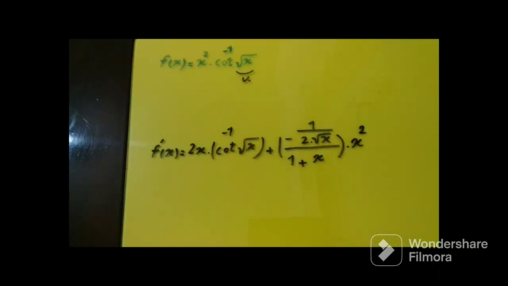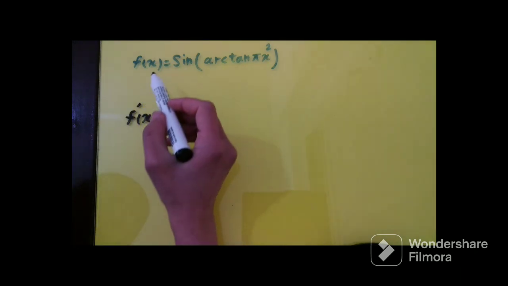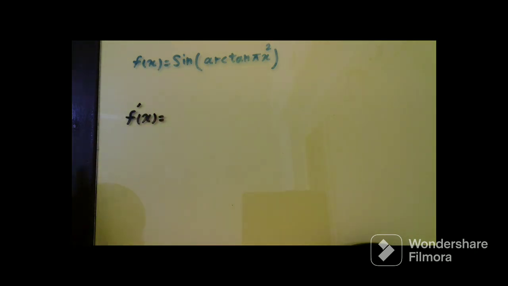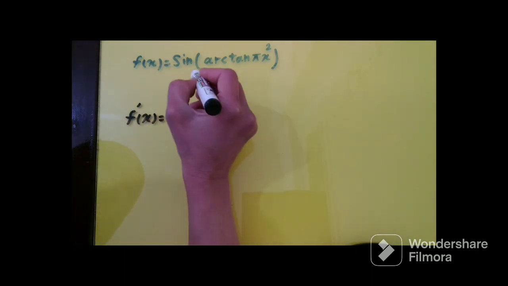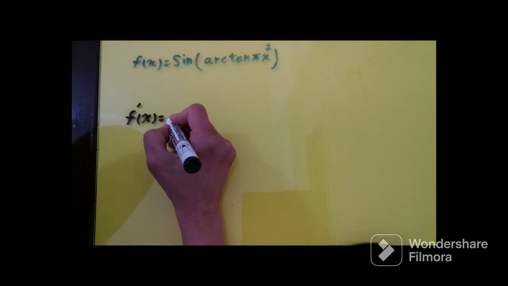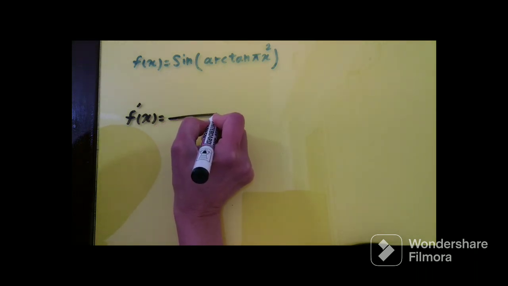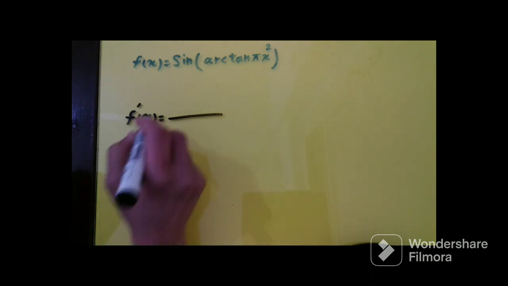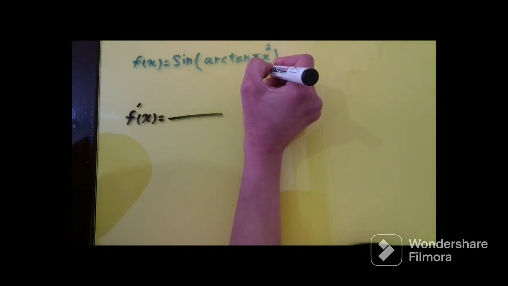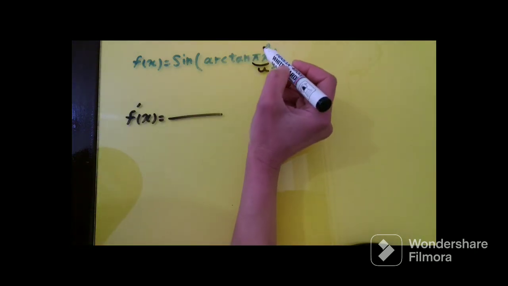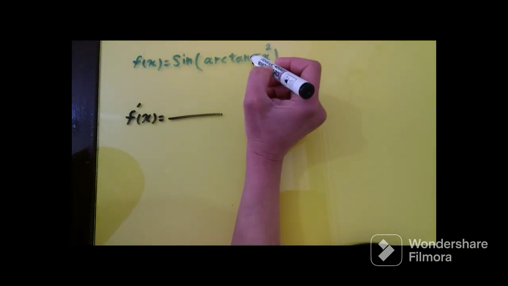Next problem. Okay guys, in this example, for getting the derivative of this trigonometric function, first you should get the derivative of this term. For up, there is u prime. This term is u. According to the power rule, first bring the power down and times in the coefficient and put it next to the x.